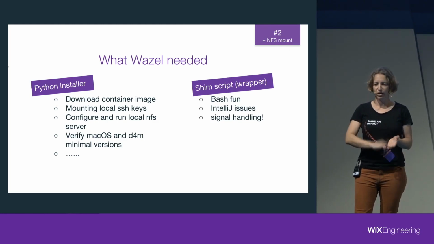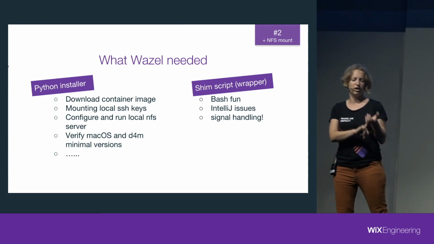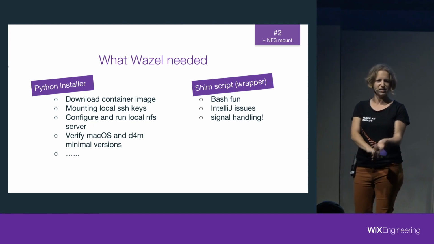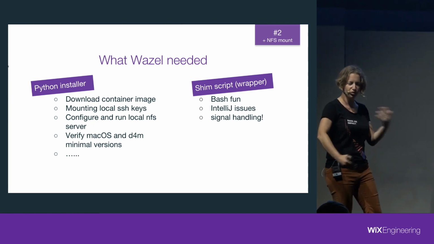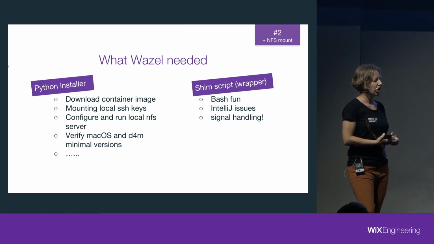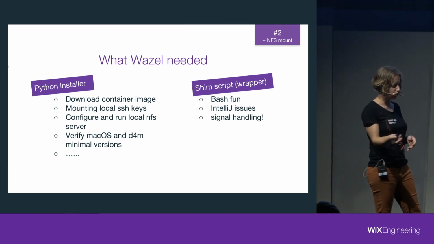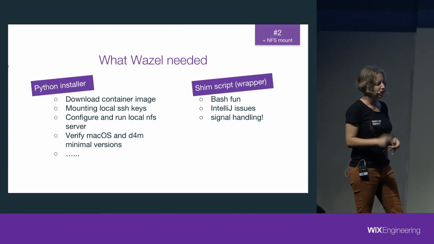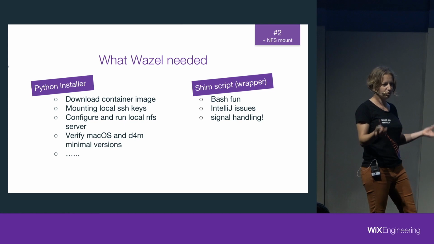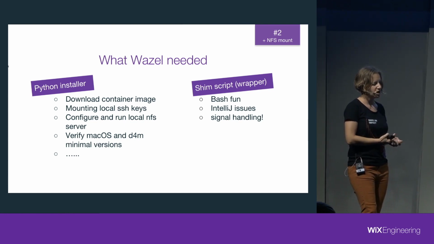So I wrote a Python installer that would download stuff. It also had to check the version of your Mac OS and the version of Docker for Mac, and things were moving and breaking all the time, but it's Python, it's okay. We had to mount the SSH keys so that we could actually access the code from inside. We had to bring up an NFS server locally and expose it on the correct ports and paths and everything.